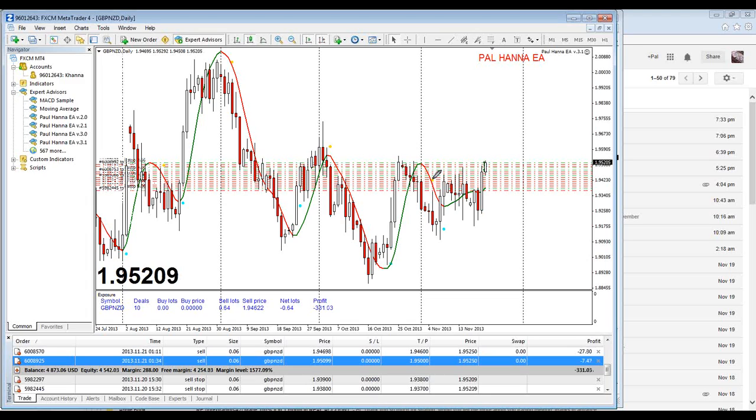Any other question, please? So how do you get this average true range number? There are different sites which tell you the ATR, and a lot of platforms have a built-in ATR feature.